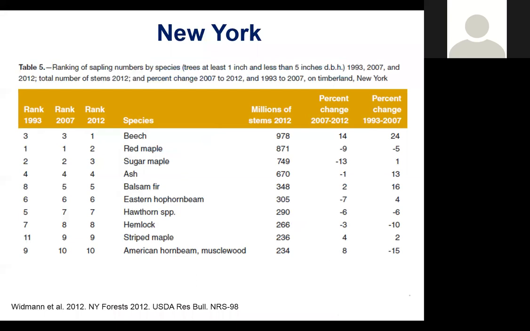Here's New York, my previous home state, and this is 2012. Beech in the sapling stages, so these are 1 to 5 inches, has reached that number one position. And back in 1993, and even as late as 2007, it was number three, so red maple and sugar maple were still ahead at that point. But now, particularly in areas without understory management, beech has increased, and it's been a 24% increase in that time frame.